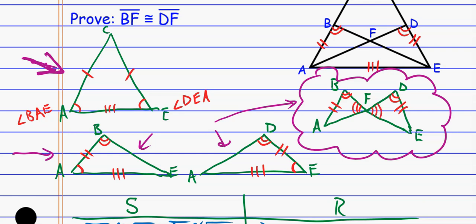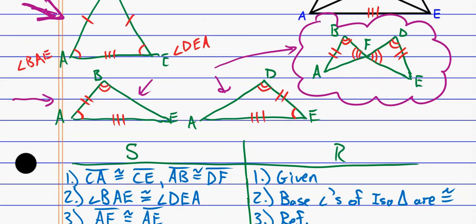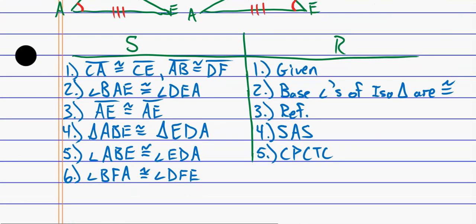These two angles have to be congruent because they're vertical angles, okay? So that's BFA and DFE. Make sure BFA and DFE, those are congruent, and that's because those are vertical angles.